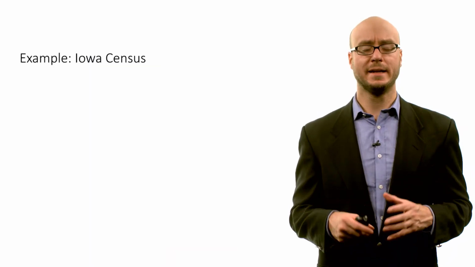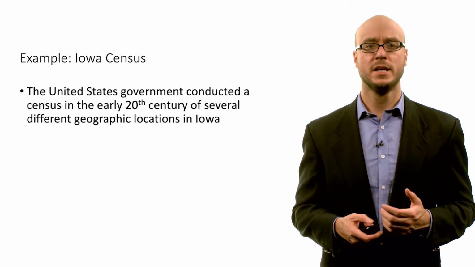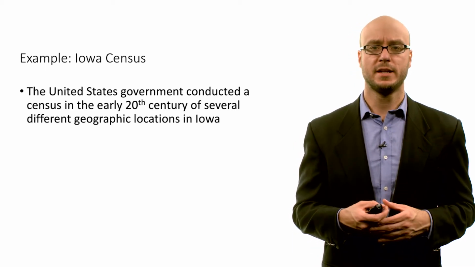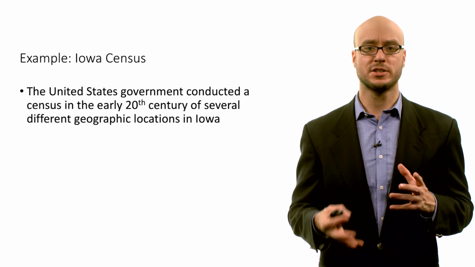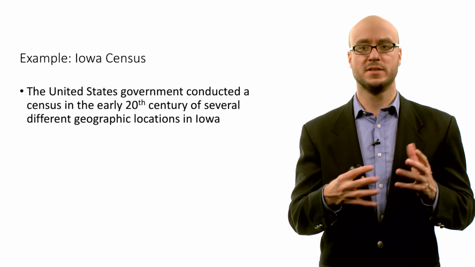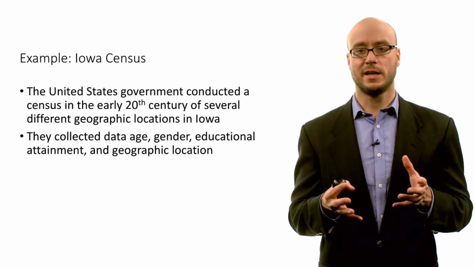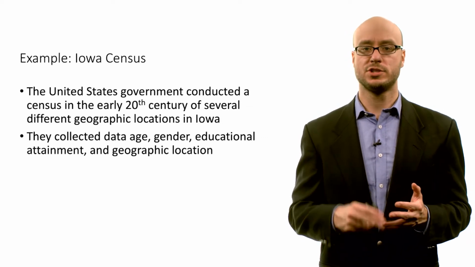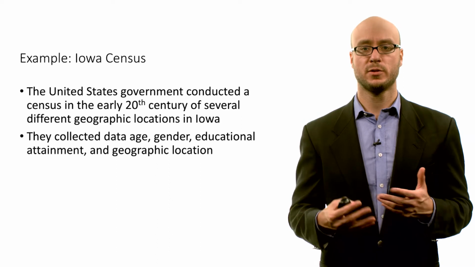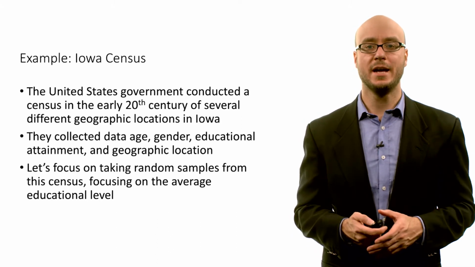So let's look at another example. The data set we're going to look at today is the Iowa census. It's a census of several cities in Iowa in the early 20th century. They collected data on people's age, their gender, their educational attainment, and their location in several cities in Iowa.